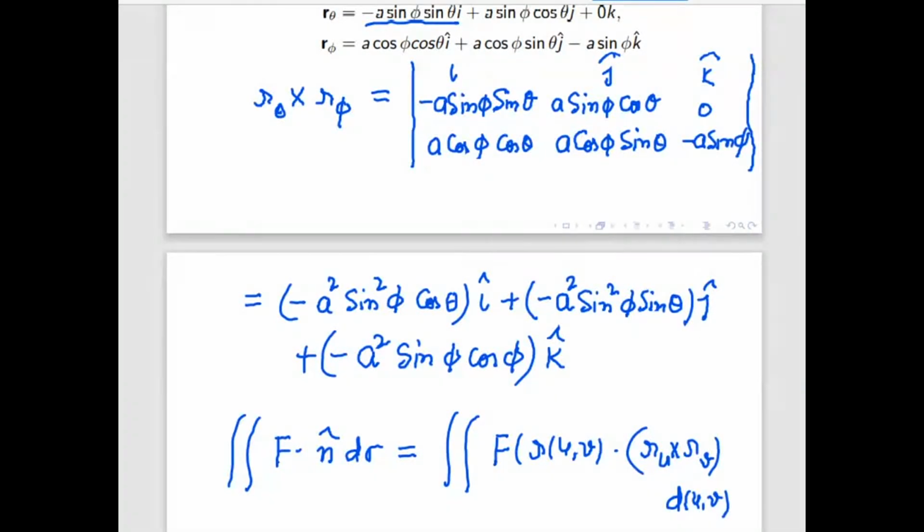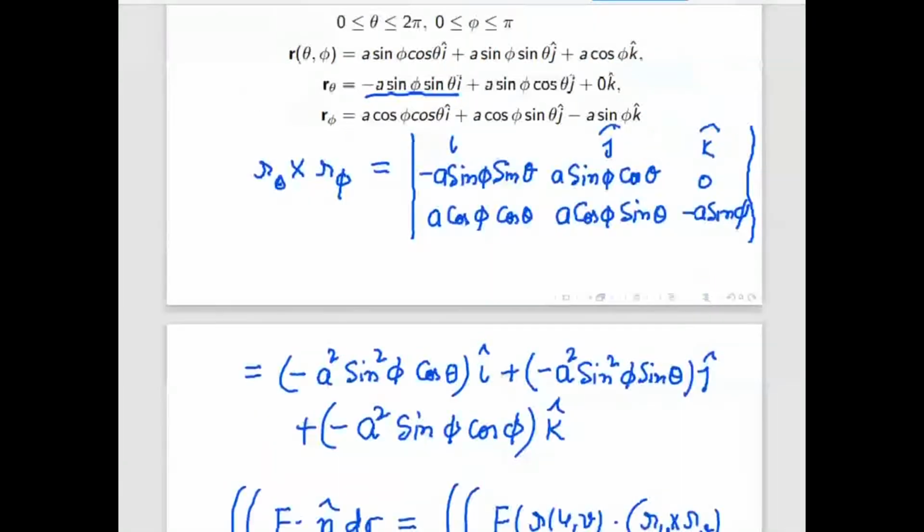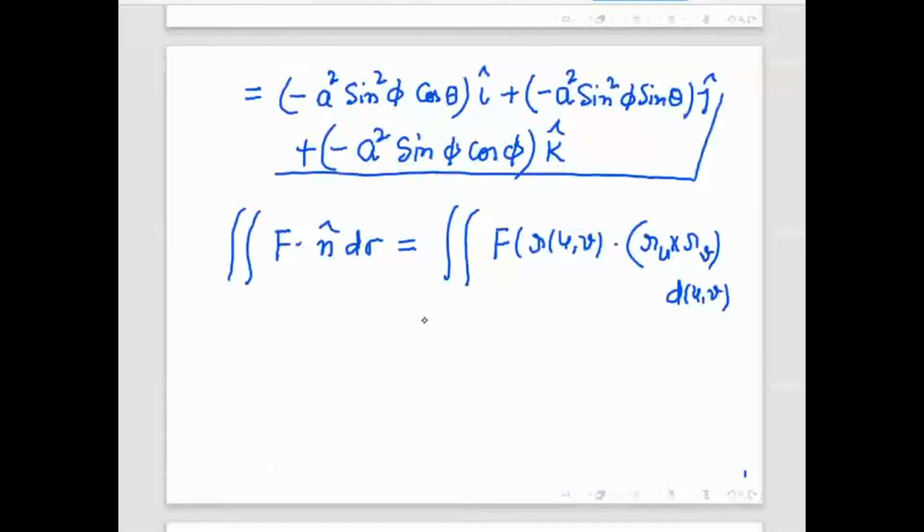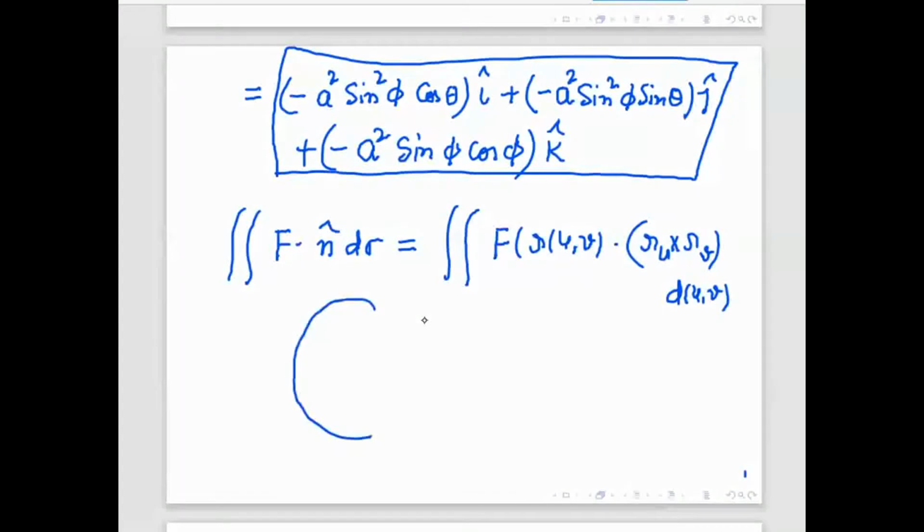So I will take one point on the sphere in order to see in which direction this normal points. Suppose this is the sphere and I choose this point a, 0, 0. This is the center. At a, 0, 0, what is the value of phi and what is the value of theta at this point?